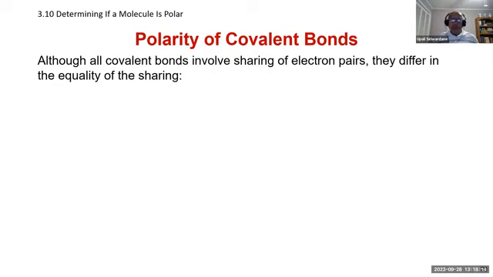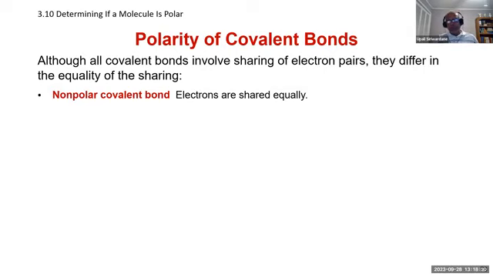Even if a molecule has polar covalent bonds, they could cancel out through the distribution of bonds in the molecule, creating a non-polar molecule. Therefore, the first thing you have to know is what kind of polar bonds can exist.